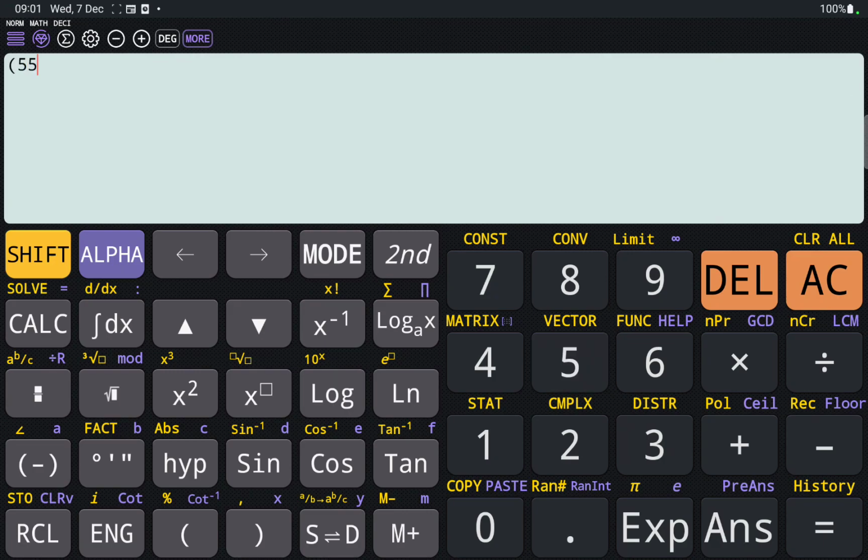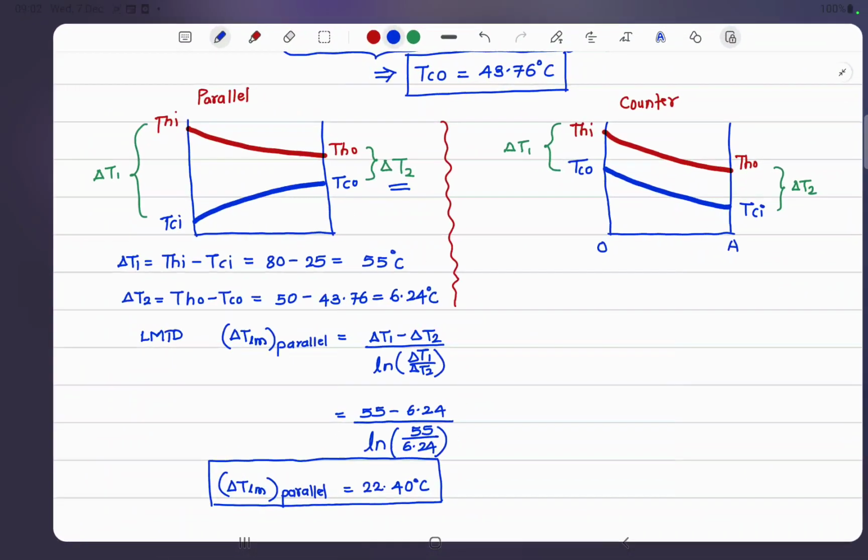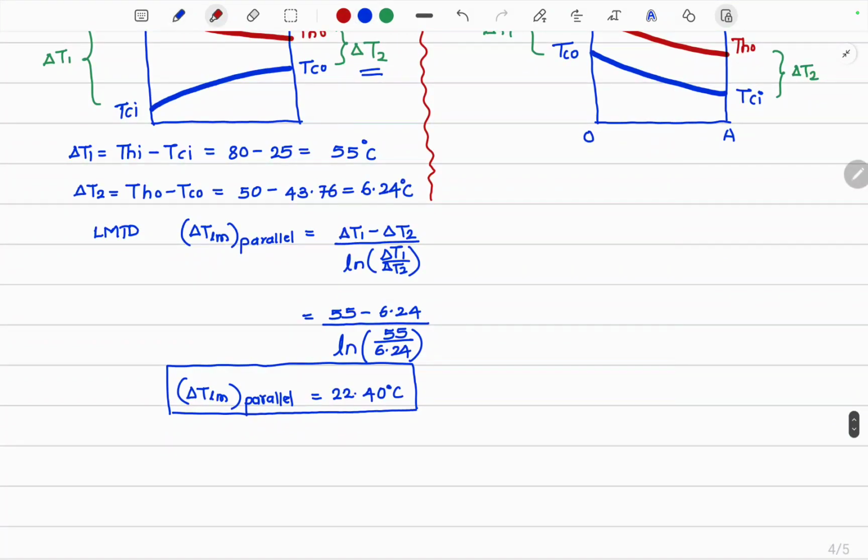First of all, numerator 55 minus 6.24, numerator bracket complete, divided by, you can directly go with ln, or if you want to feel safe, you can put an opening bracket, ln of, now ln itself has its own bracket, so ln of 55 divided by 6.24, close the bracket of ln, close the bracket of the denominator, and you will get the same answer, 22.40. So no confusion there. Any calculator you use, the answer will come out to be the same.